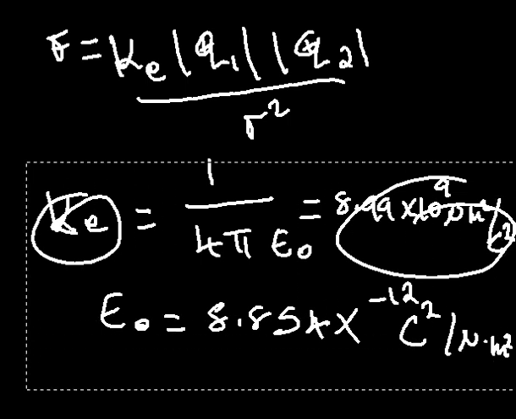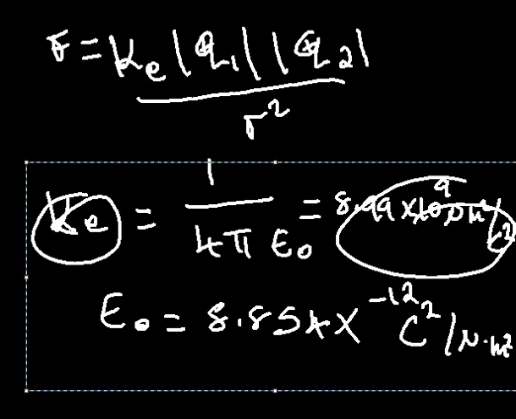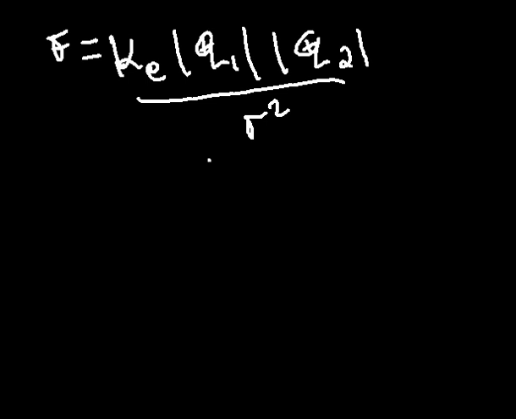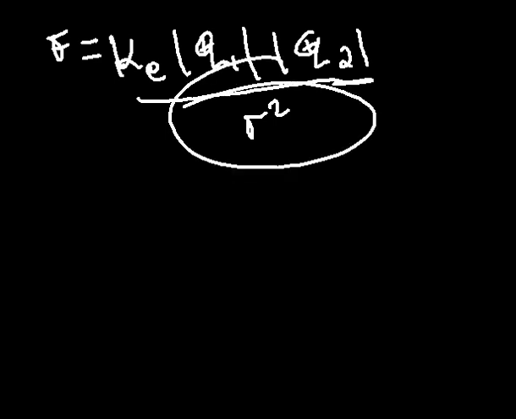It states that the force of attraction or repulsion between two charges is directly proportional to the product of the magnitudes of the two charges, and inversely proportional to the square of the separation distance.